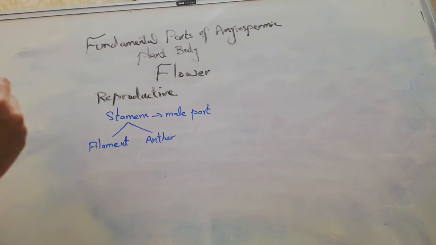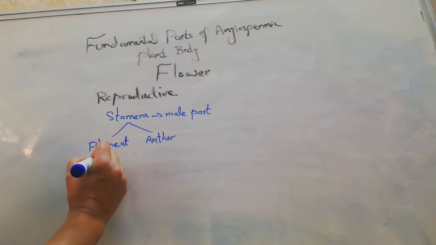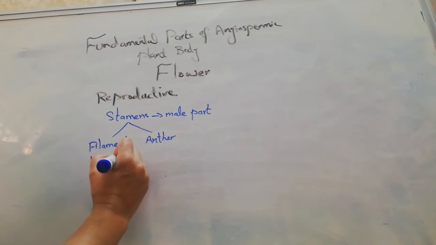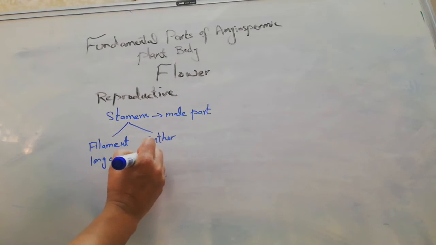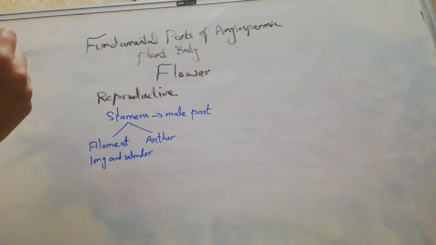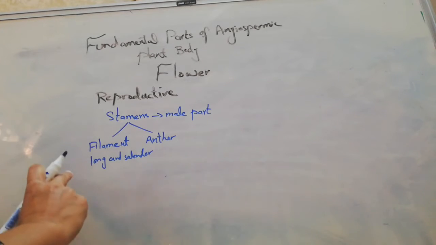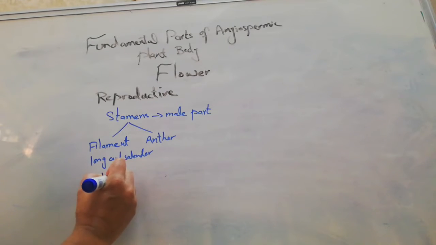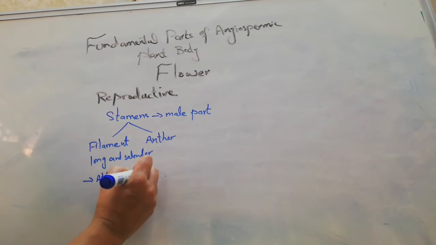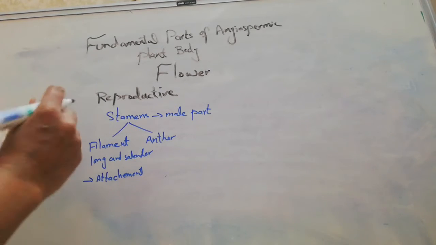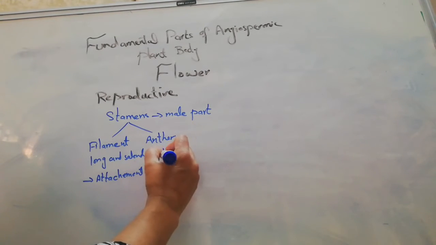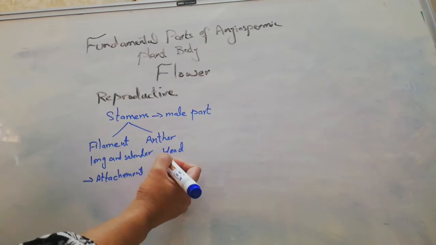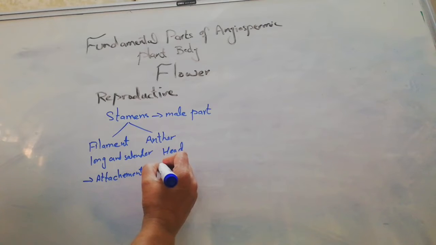Filament is basically the long and slender portion, and this basically provides the attachment to the anther. While anther is basically the head of the filament, and that is responsible for producing the pollen.